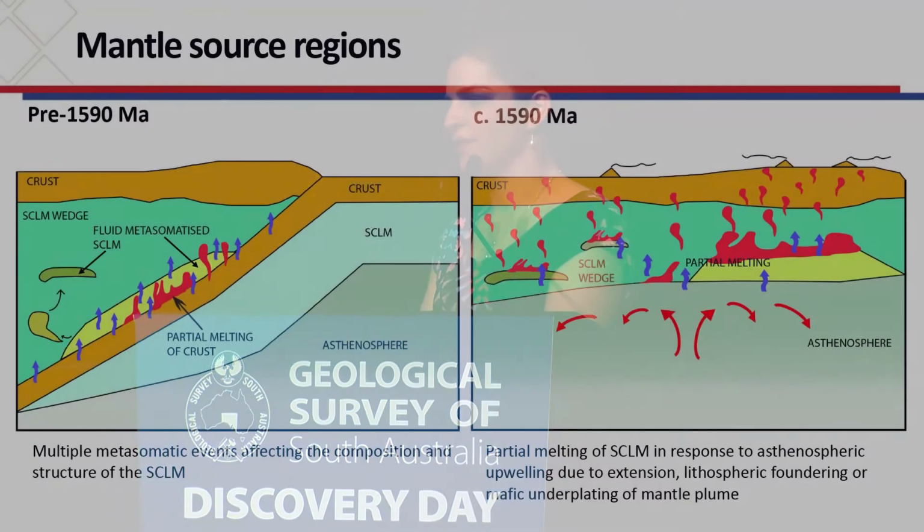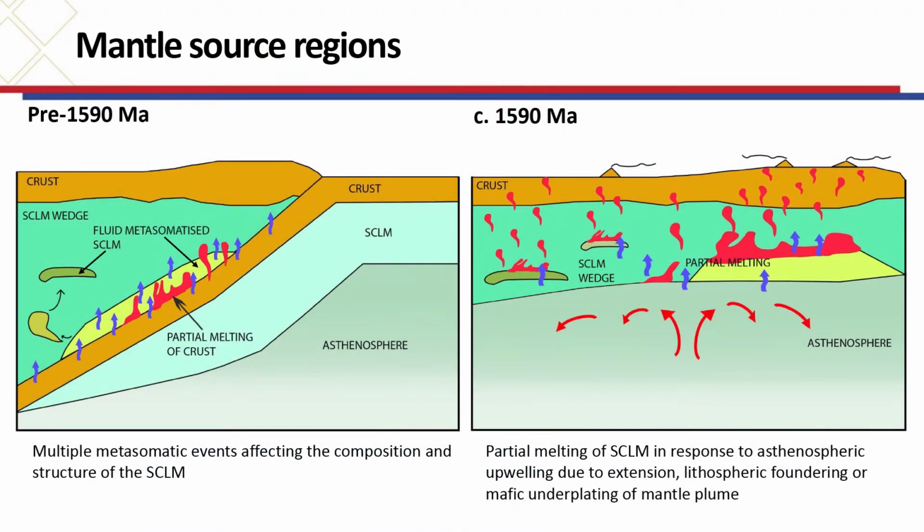Now if we start thinking about processes that might create such a heterogeneous mantle, we can think back to the geological history of the Gawler Craton. It's got quite an extended geological history, and it's possible that there have been previous metasomatic events related to subduction or subduction-like processes that have affected the composition and the structure within the subcontinental lithospheric mantle.